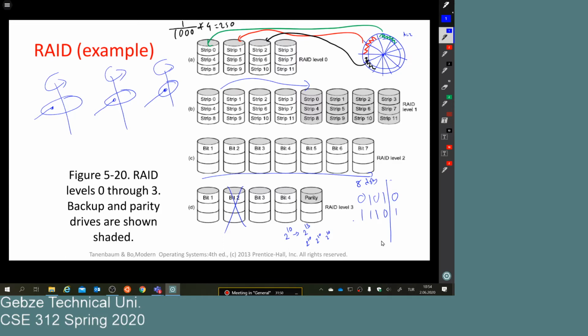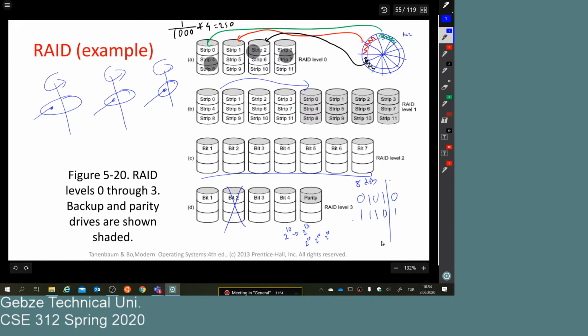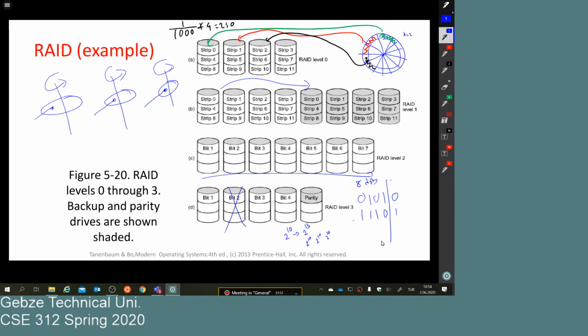When you read data from RAID level 0, it is okay to have a little bit of time difference between the disks, right? Because you are reading different sectors. But when you come to this one or that one, you have to synchronize all of your hard drives perfectly, so that when one of them is reading bit number 1, the second one is reading bit number 2.